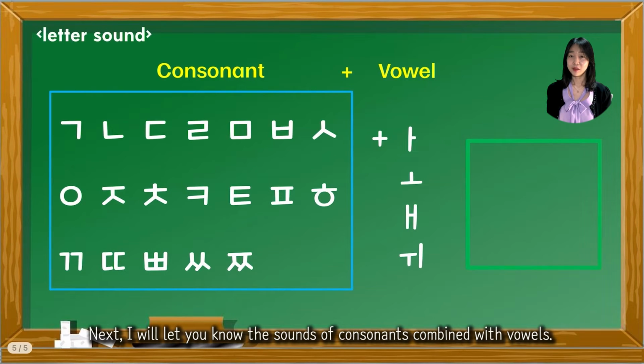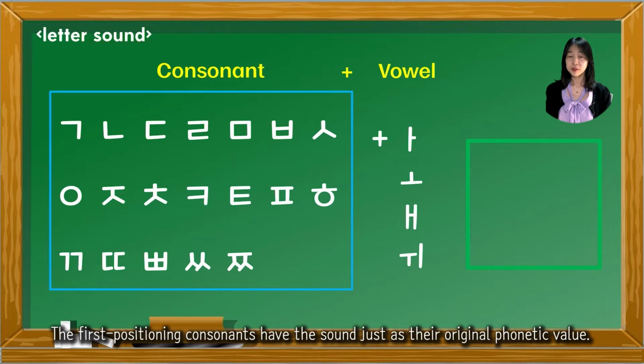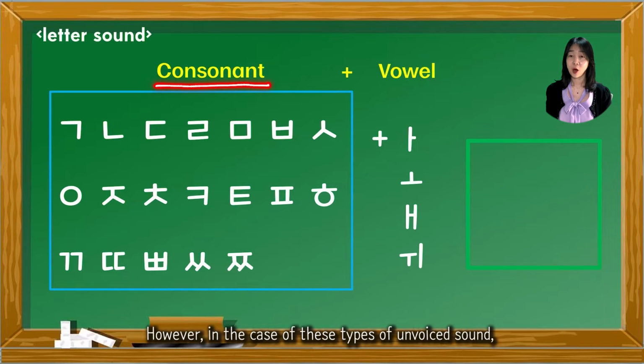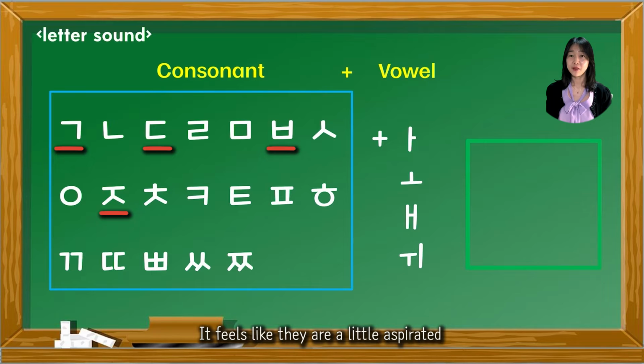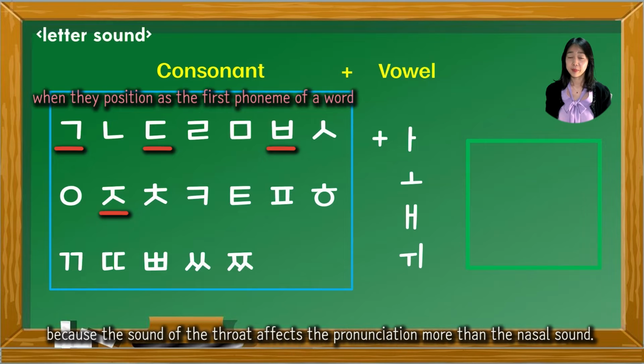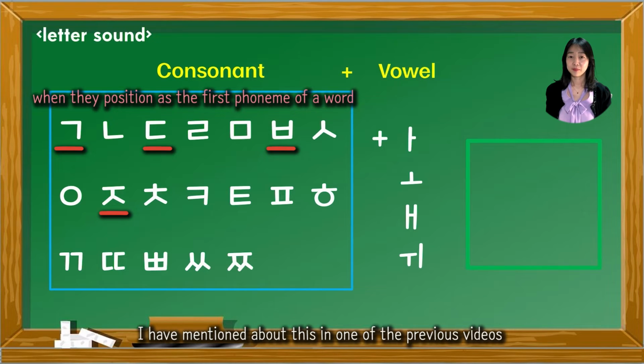Next, I will let you know the sounds of consonants combined with vowels. The first positioning consonants have the sound just as their original phonetic value. However, in the case of these types of unvowel sound, it feels like they're a little aspirated because the sound of the throat affects the pronunciation more than the nasal sound.